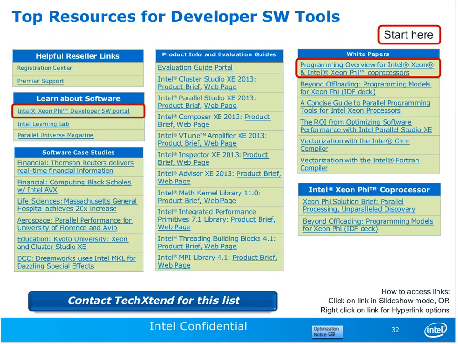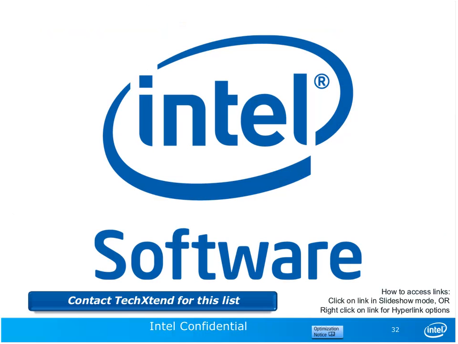And that's also very good reading, right, where it'll list out the characteristics you should be looking for within an application to determine whether you'll be a good candidate for it. So, contact TechXtend for this list, or, again, if you just type in Xeon Phi software portal on Google, you should be able to find the main website.